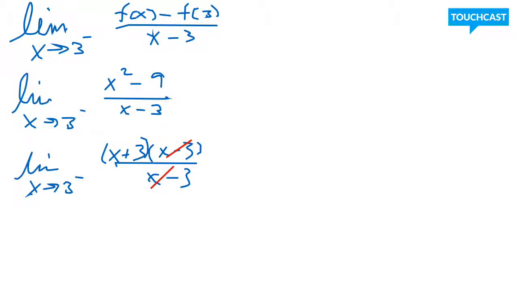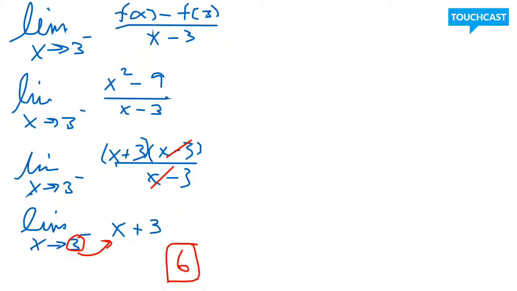Those are going to cancel. We're going to have the limit as x approaches 3 from the left of x plus 3. Now I don't have a divide by 0 problem anymore. I can simply plug this 3 in for x, and I get 6.